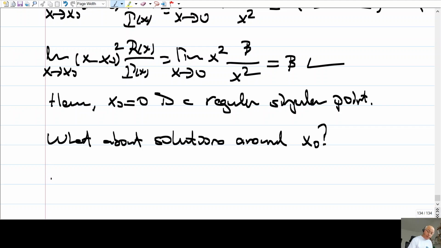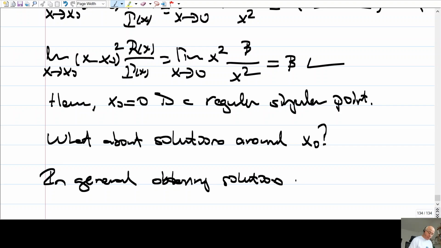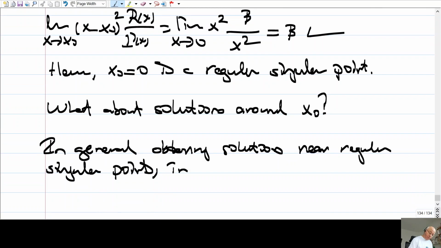So in general, obtaining solutions near regular singular points in full detail is quite complicated.